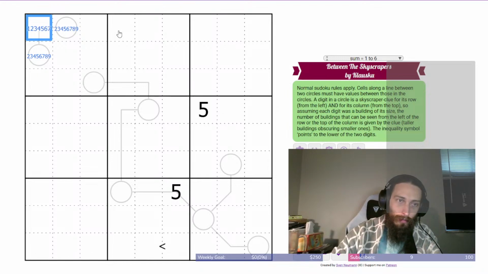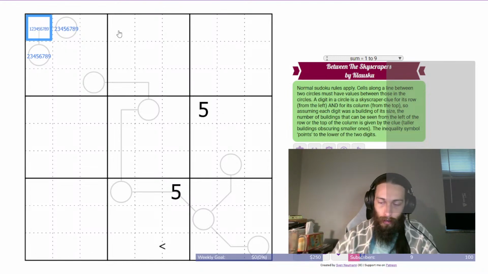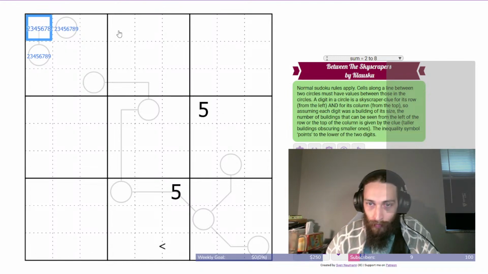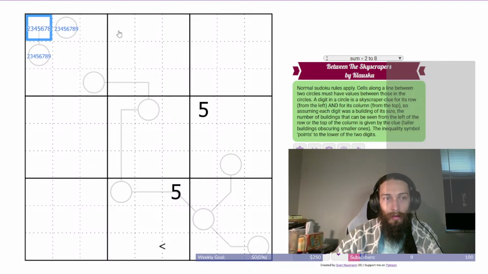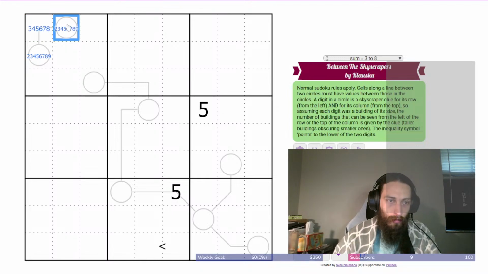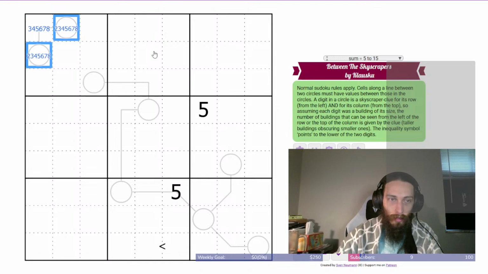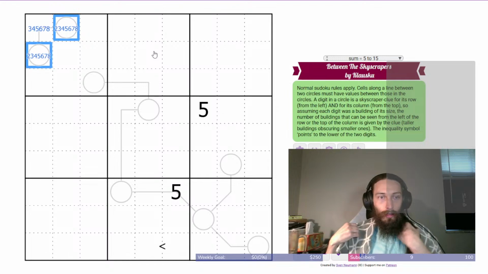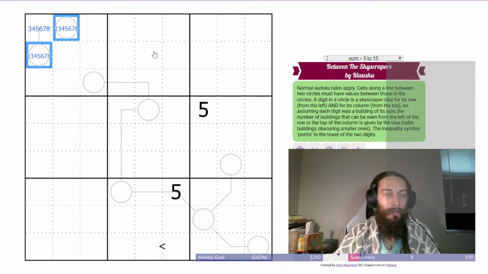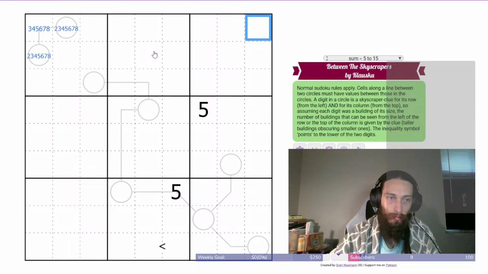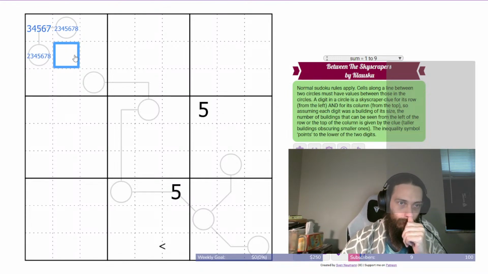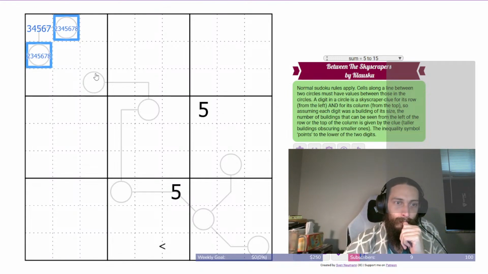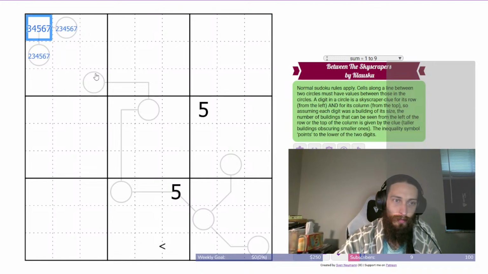So now, what can this digit be? Well, it's on a between line, so it's not 1 or 9. And now that we've removed 2, neither one of those circles can be a 9 either, because it would immediately block the vision. So that removes an 8 as well from the between line. Neither circle can be an 8, which takes off 7.